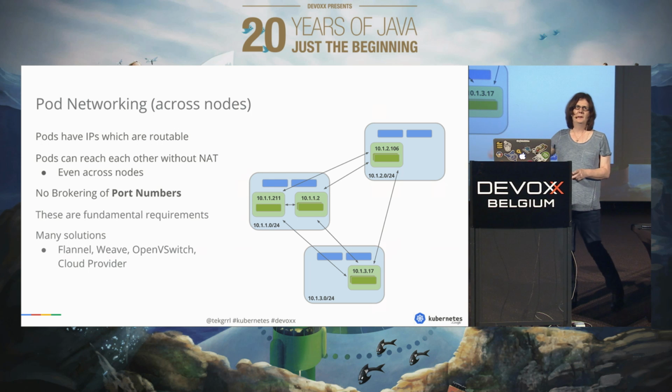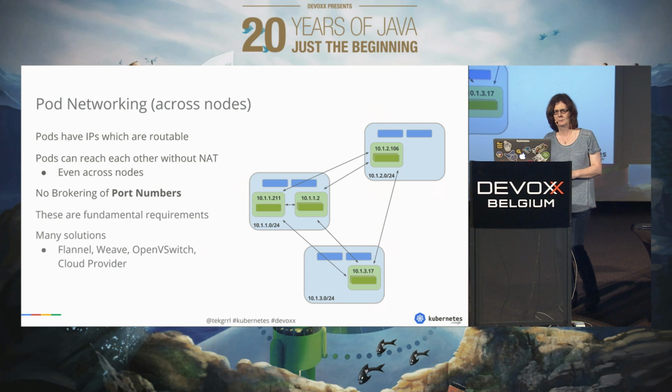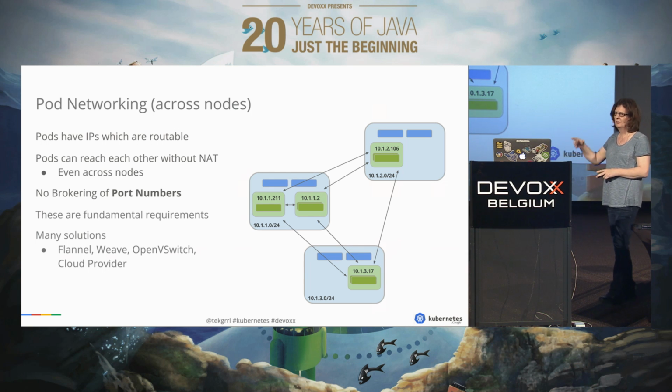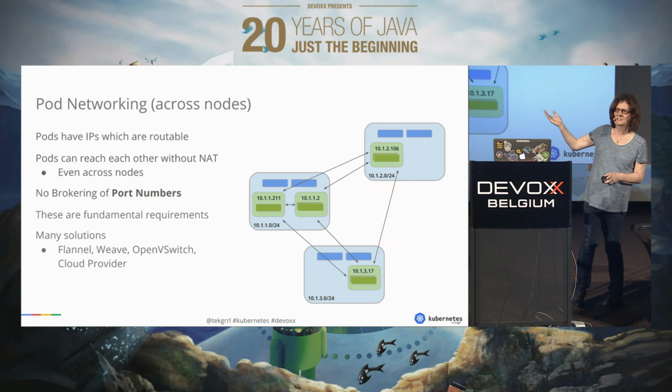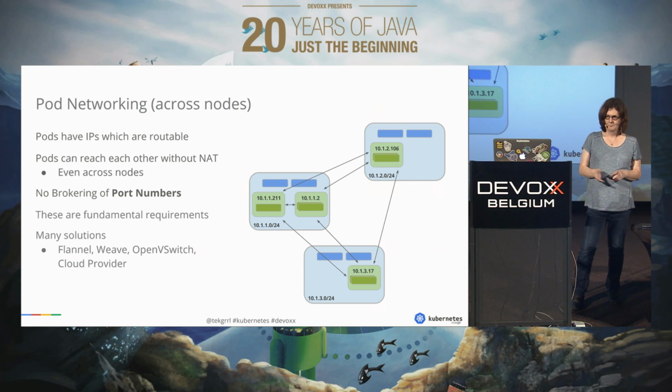On Google Compute Engine and Container Engine, we get that naturally from our infrastructure. We get that ability with no extra cost. We don't have to do any configuration. But these are ultimately fundamental requirements of pods. We have to be able to talk to each other directly, no brokering of port numbers, and no natting.